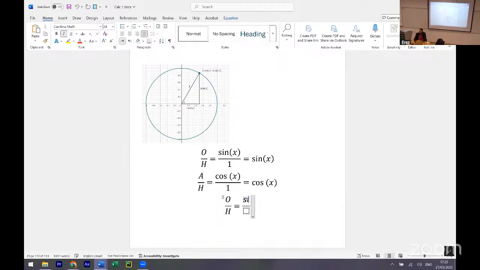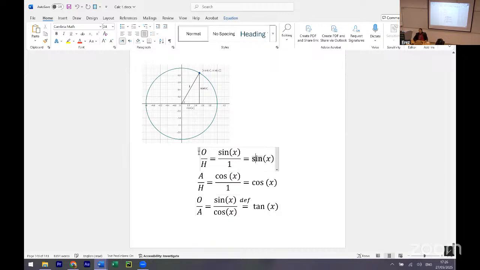Sine of x over... no, cosine of x? Really? Well, you are correct, I made a mistake. Opposite over the adjacent. So that's sine of x over cosine of x. And what do we define to be sine over cosine? That's the definition. Tangent of x. Tangent function of x.